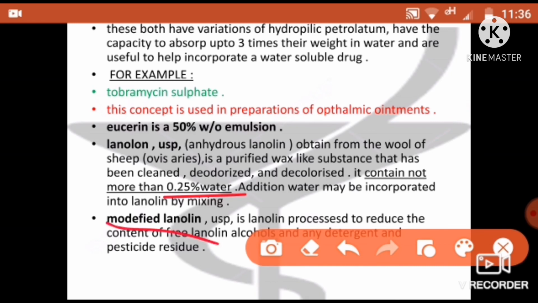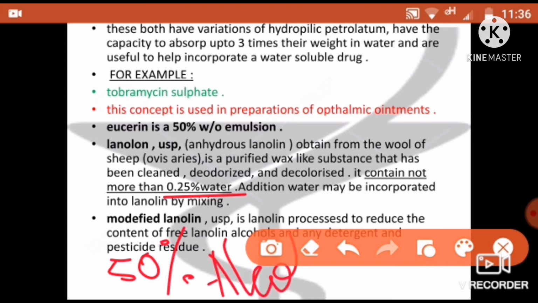The second one is modified lanolin. What is modified lanolin? It is a lanolin produced to reduce the content of free alcohol. Basically, lanolin contains 50% free alcohol. So we need to remove this alcohol.